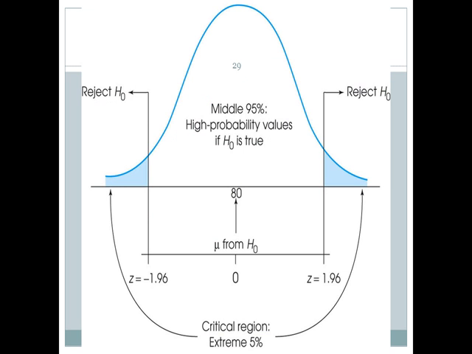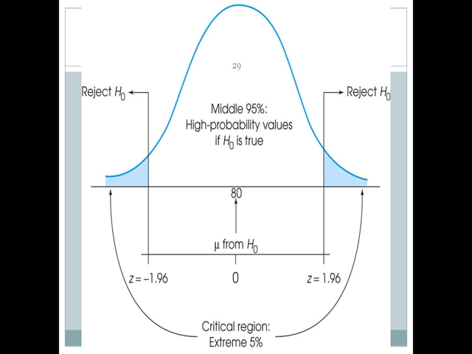If we find a sample mean that is so far outside of the center of the distribution that it has a z-score less than negative 1.96 or greater than positive 1.96, we say that that sample mean is in the critical region.